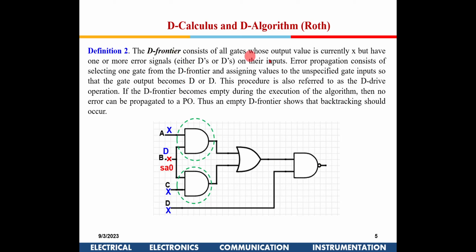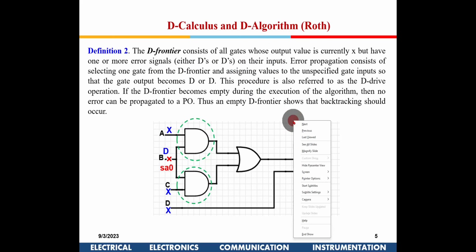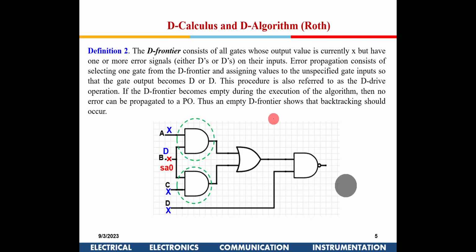A D-frontier is nothing but, if you see the definition, it consists of all gates whose output is currently X, but have one or more error signals D or D bar at the inputs. For the Roth algorithm, we saw that, right? If you remember, what does D stand for?